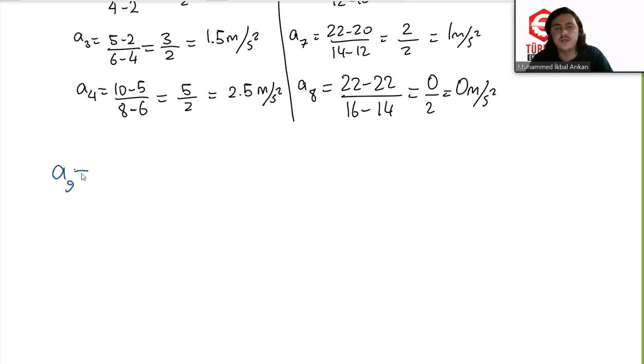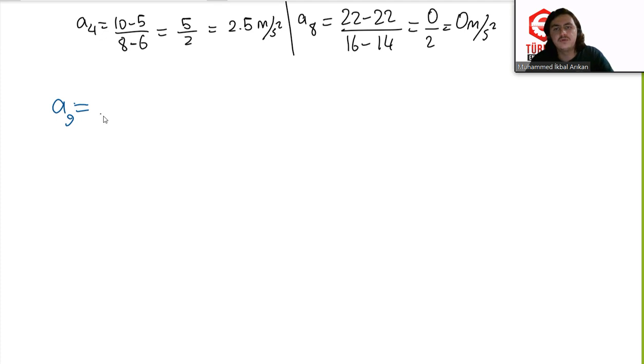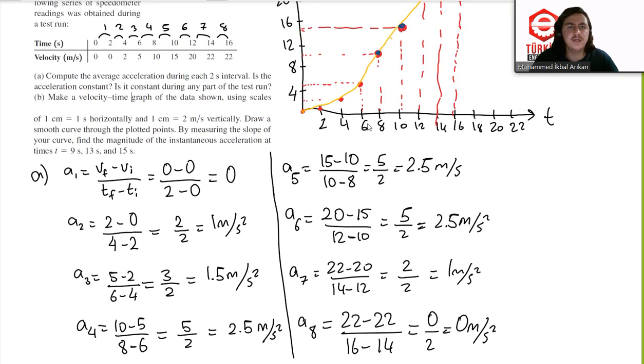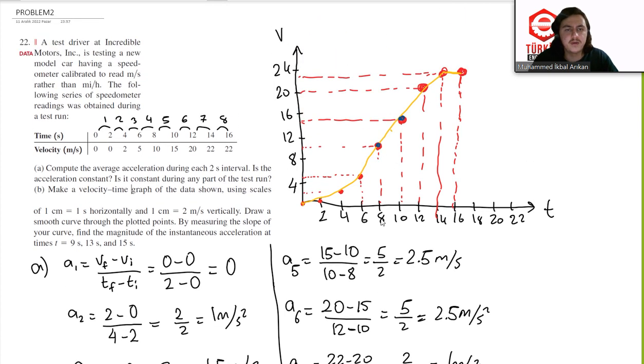Okay, it will be equal to the difference between 2 points for velocities and for time. My time interval is just 2. My velocity change between these 2 points, between 8 and 10, is: here I have 10, and here I have 15.